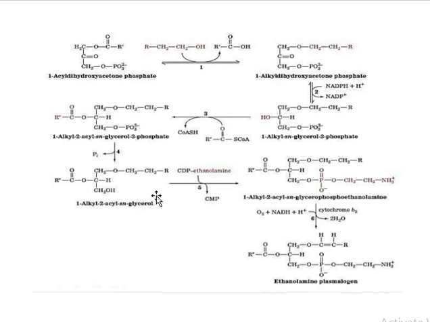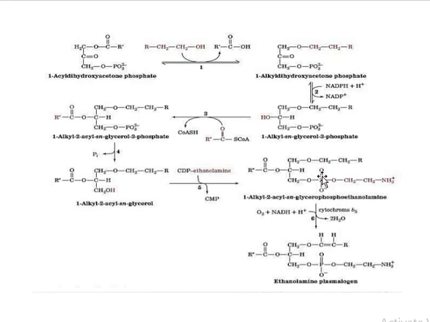For the synthesis of ethanolamine plasmalogens, this 1-alkyl acyl glycerol reacts with CDP ethanolamine, and with the release of CMP, this alkyl acyl glycerol is converted to 1-alkyl acyl glycerophosphoethanolamine.